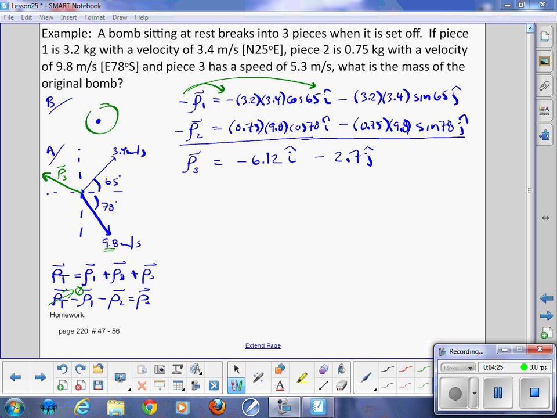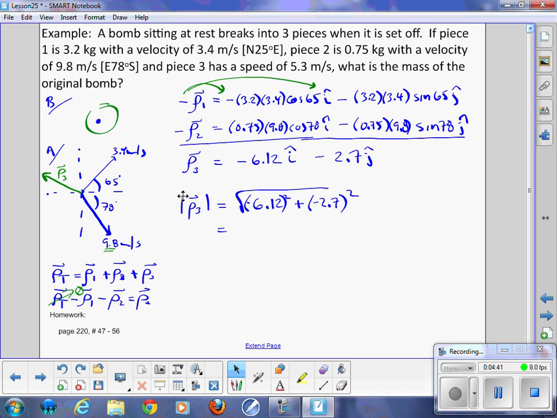So from that we can find the total momentum, so we're finding the magnitude of it. The 6.12 squared plus negative 2.7 squared equals, go ahead and do that calculation, and we end up with a magnitude of 6.7 kilogram meters per second.